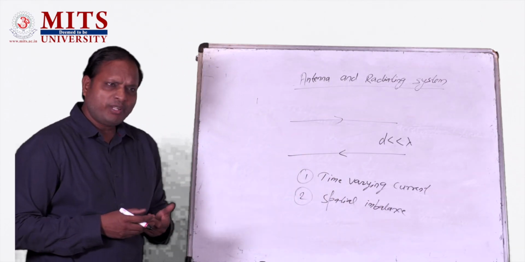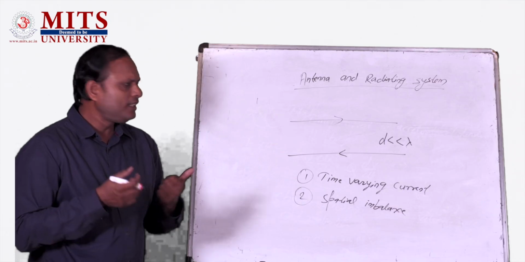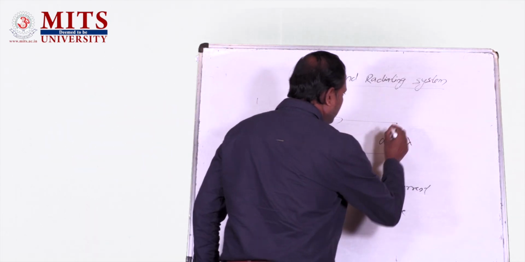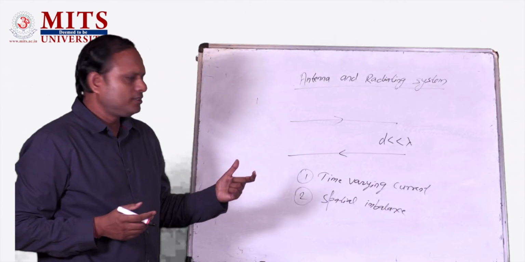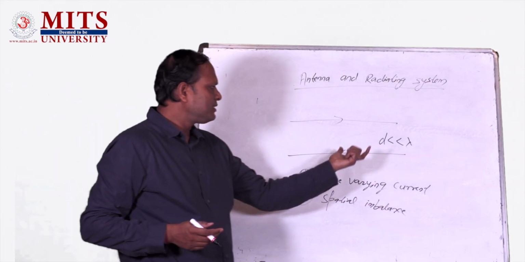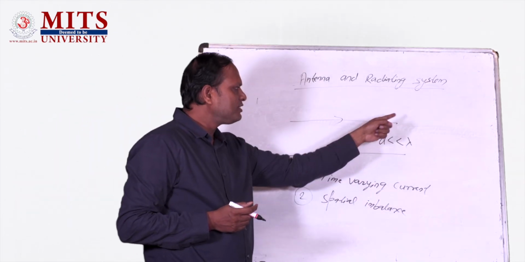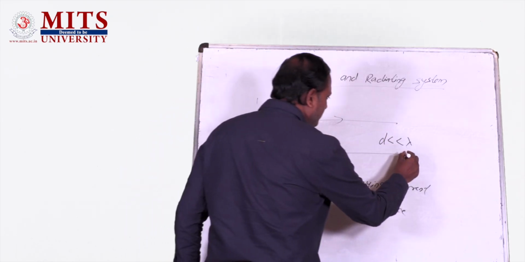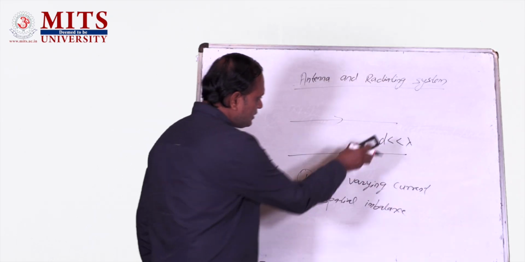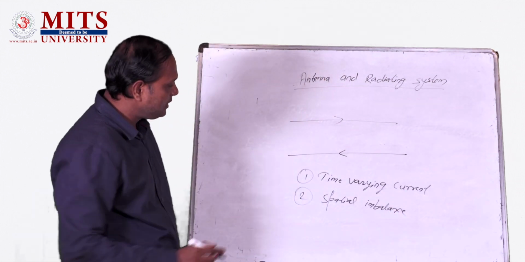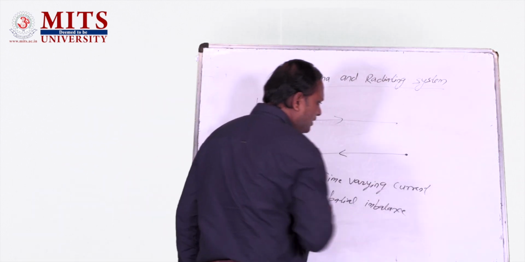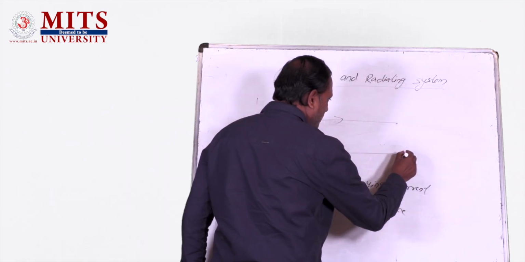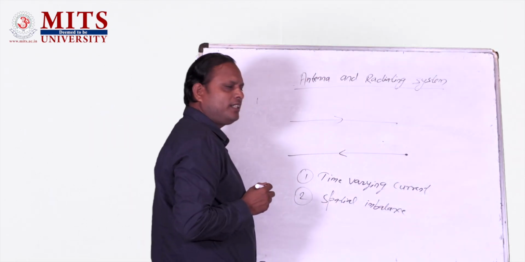Let us very crudely, very qualitatively, consider this section, where the open end of this section will be 0. So whenever you consider this as a transmission line, at this point the current is 0, and at this point the current is maximum.